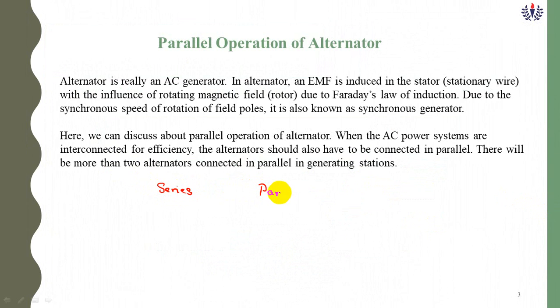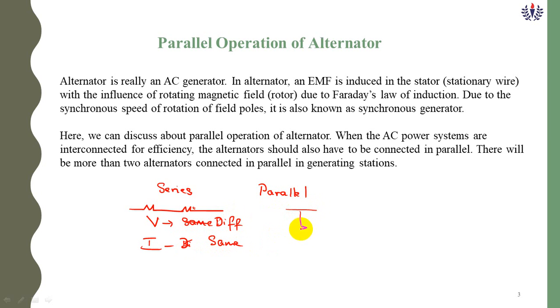In series connection, the current is same and the voltage will be different. But in parallel, the voltage will be same and the current will be different.